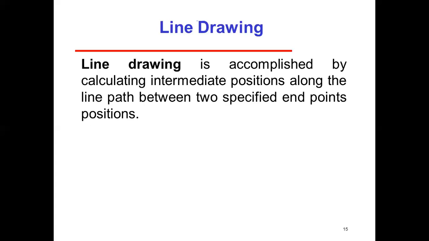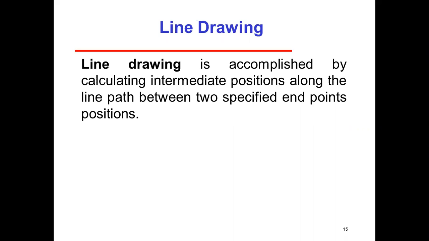Similarly, another method is called the simple DDA algorithm. And the third one is called the Bresenham algorithm. At the start, we can choose the example of the symmetrical DDA and then the simple DDA, and after that we can handle the Bresenham algorithm.